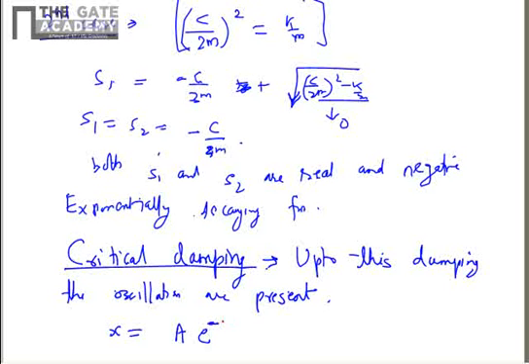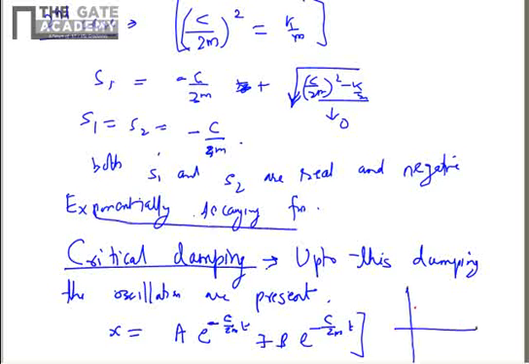So you have e to the power s1t, where s1 is minus C by 2m, so a e to the power minus C by 2m t, and b e to the power minus C by 2m t. So both of these are exponentially decaying functions. If you plot your displacement against time, it will be an exponentially decaying function. There will be no oscillations present. So it is the lowermost value of the damping up to which the oscillations are not present.